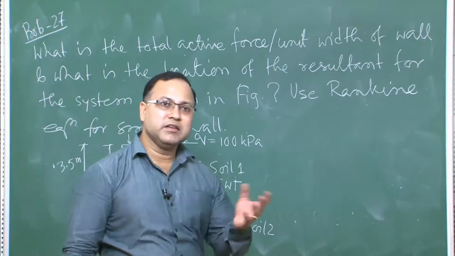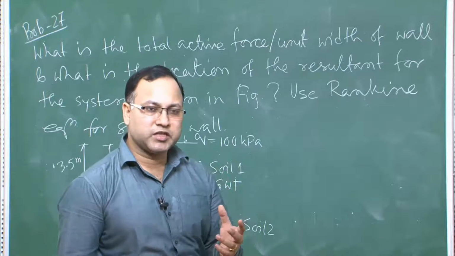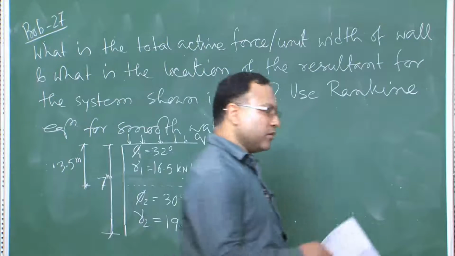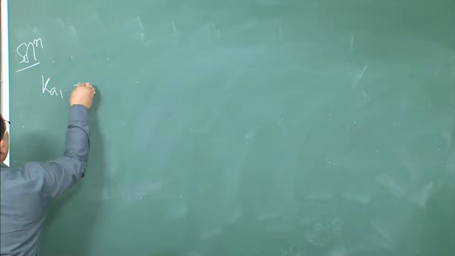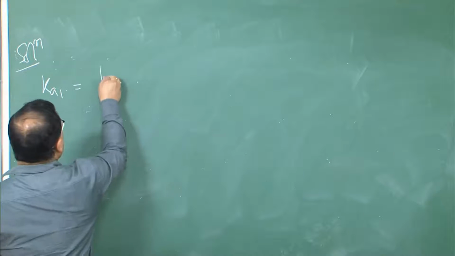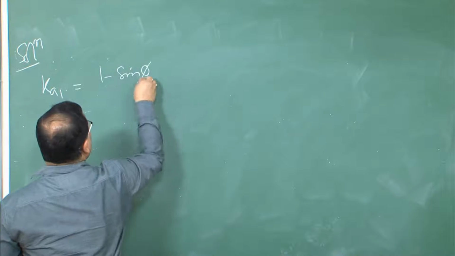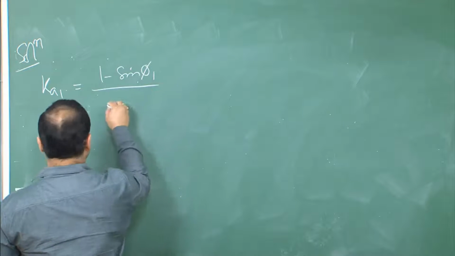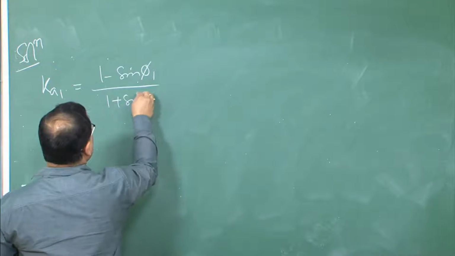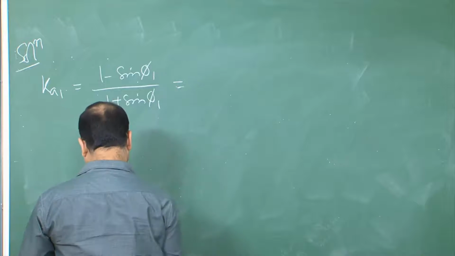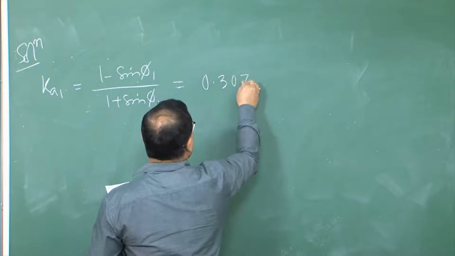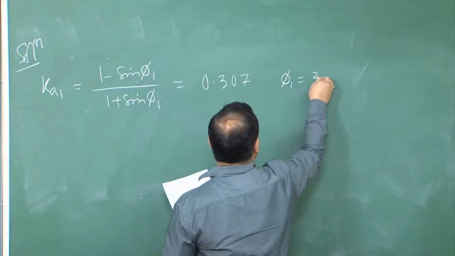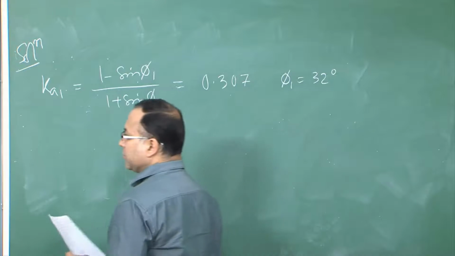So, your Ka1 is equal to 1 minus sin phi 1 by 1 plus sin phi 1, where phi 1 is equal to 32 degree as given in the problem.